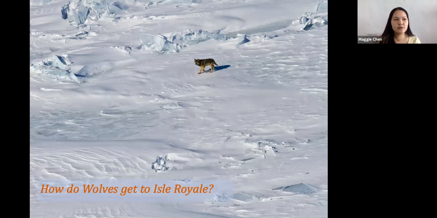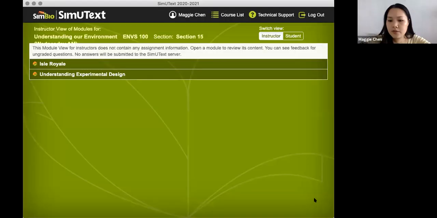And now you are going to be looking at the populations between these two species through Simutext. So let me just share my screen with Simutext. One moment. Okay, so when you go into Simutext, on the front page, we already went over understanding experimental design last lab.